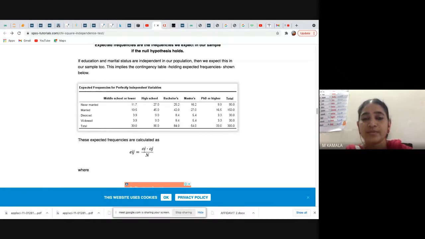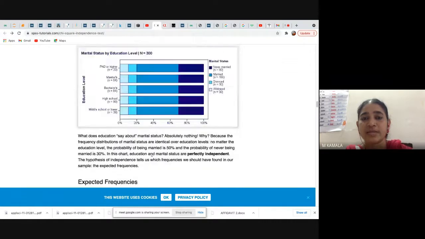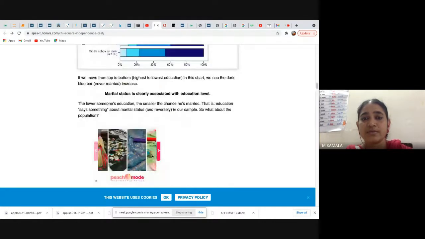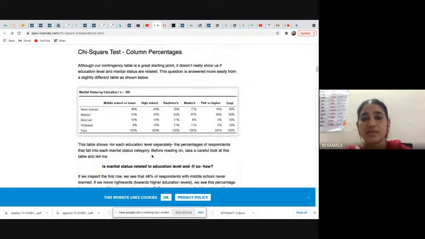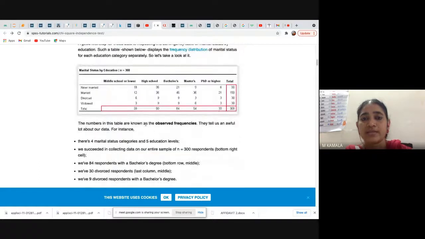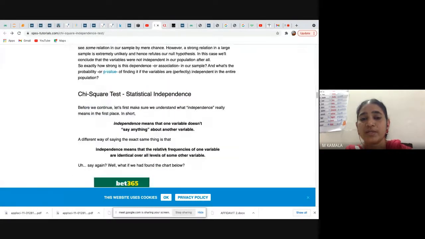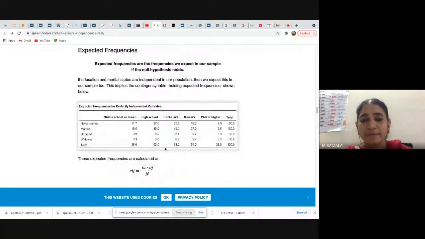So if you take the observed values, 39 into 90 divided by 300 will give you 11.7.